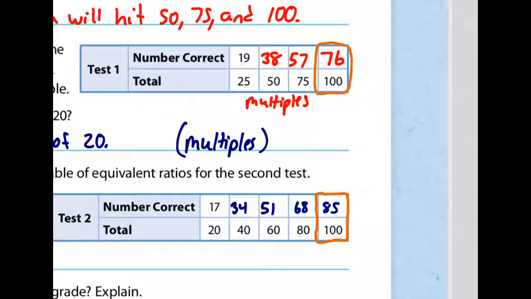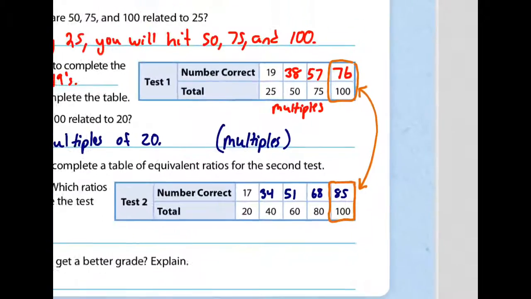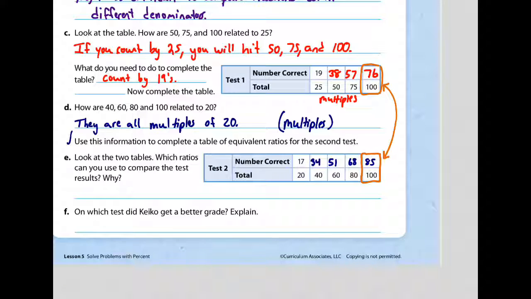So these are the ratios, because they have the same denominator, that we can use to compare how she did on the test. All right, so we're going to say the ratios out of 100 can compare her results.